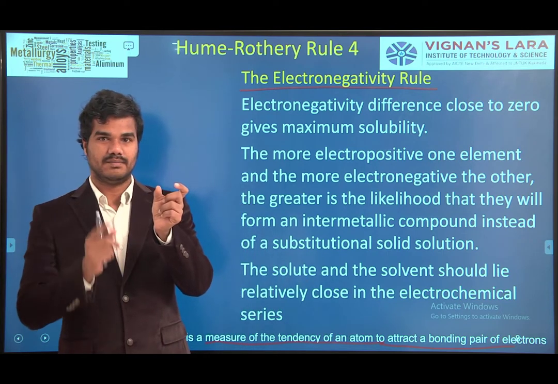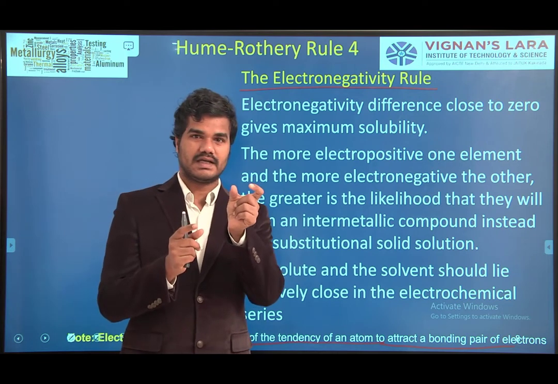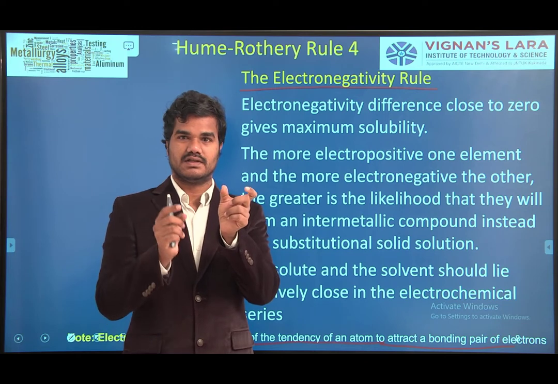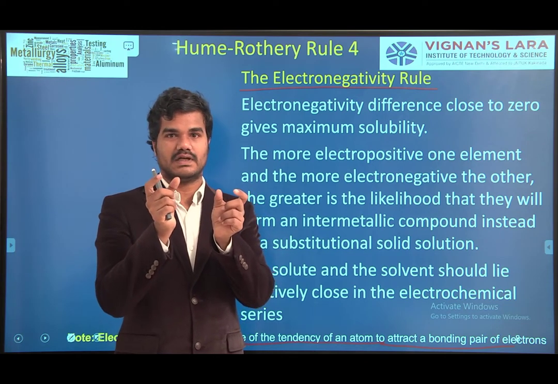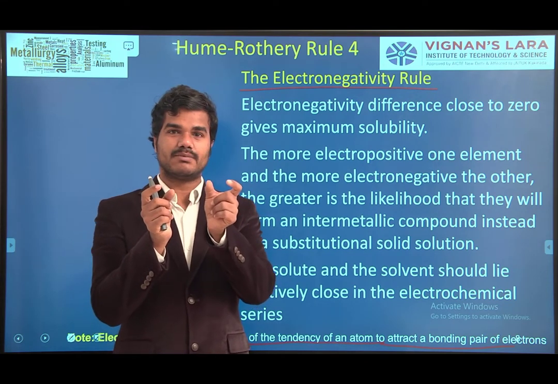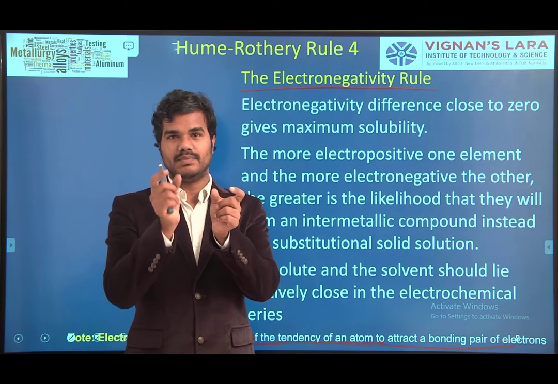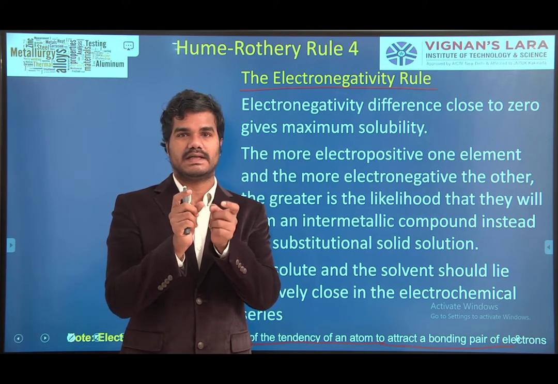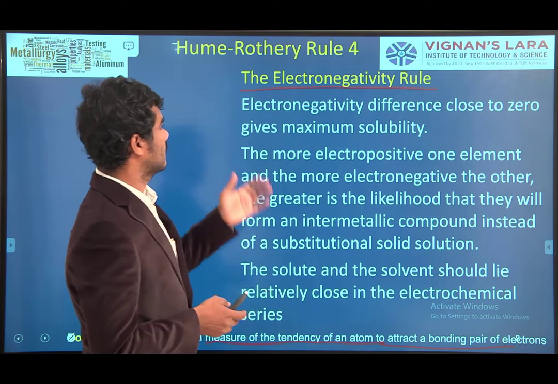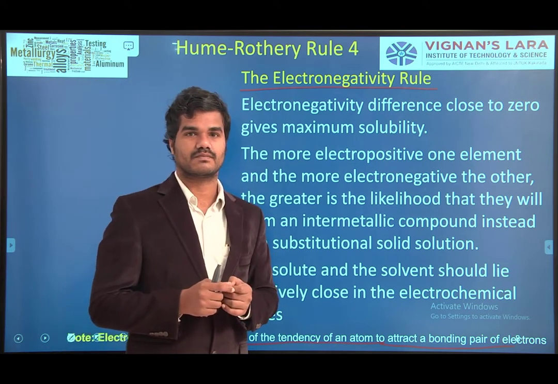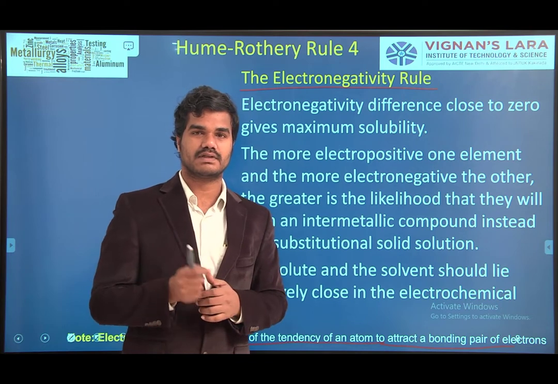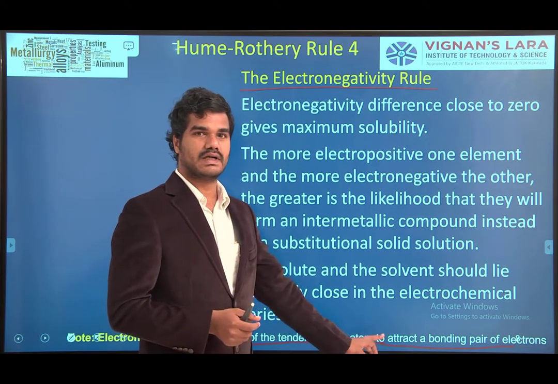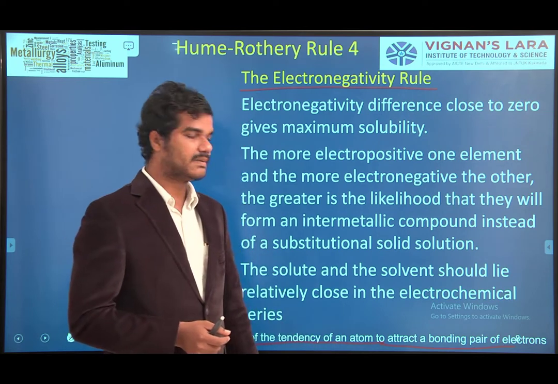A and B, you are combining. A has electrons, B has electrons. If A is capable of bonding with B atoms, it tells about the electronegativity. Simply, it is the measure of the tendency of an atom to attract a bonding pair of electrons.